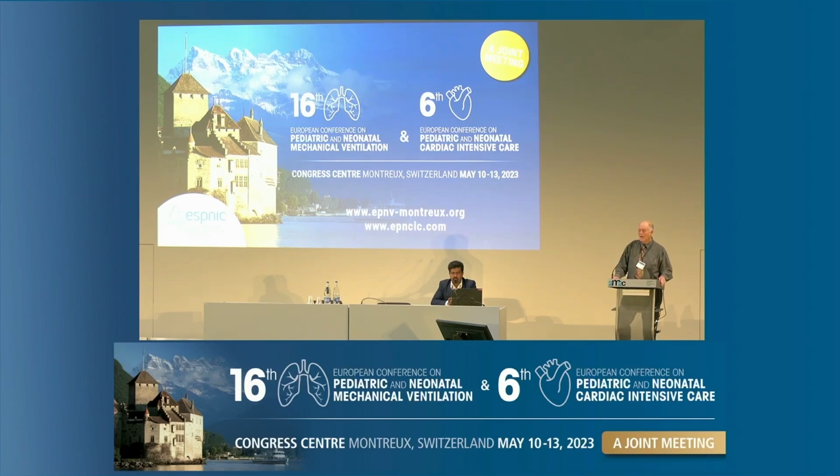And is there practice variability among your faculty, that one is more liberal and one is more restrictive in A-lines? Because that does affect your outcomes. Well, it's the amalgam of the very large faculty at Children's Hospital and their care.